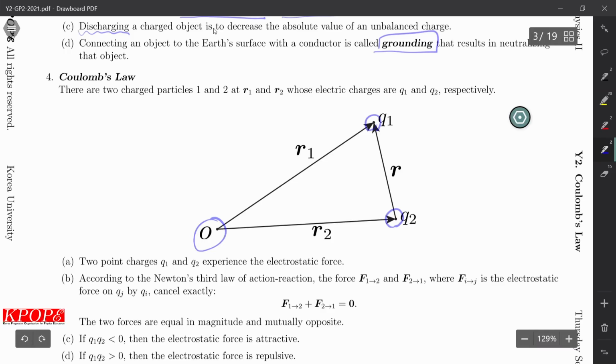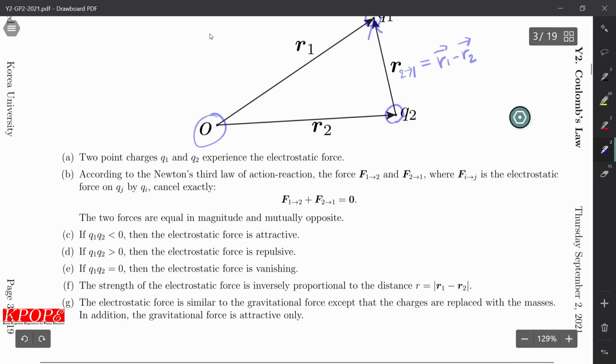There's the origin of a frame of reference. This is a vector connecting the two point charged particles. So R in here is R21, so R1 subtracted by R2.